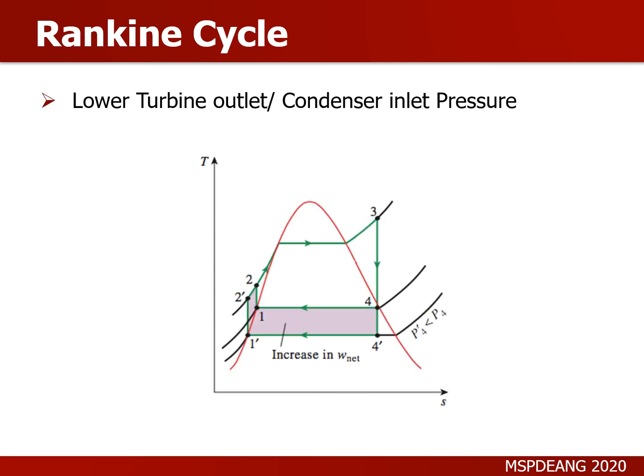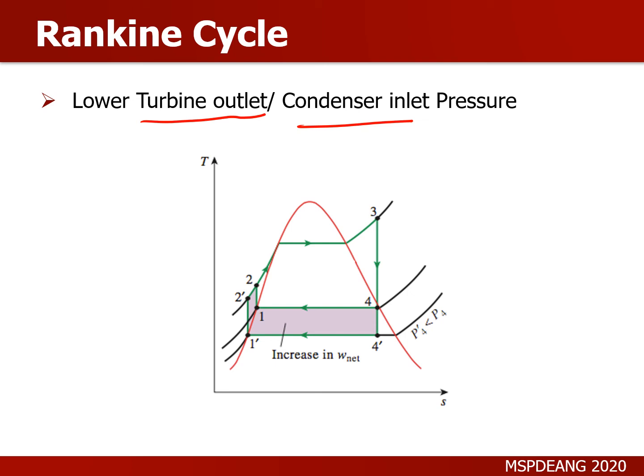One way for us to decrease the working temperature of our condenser is of course to lower either the turbine outlet pressure or the condenser inlet pressure. So we lower the working pressure of our condenser. As you can see, based on the TS diagram, the overall area encompassed by the cycle is proportional to the net work of our cycle.